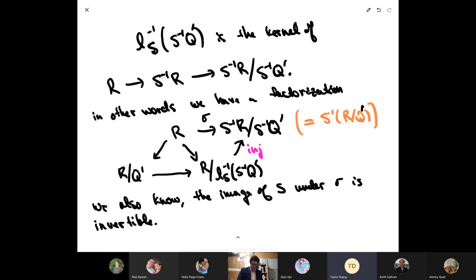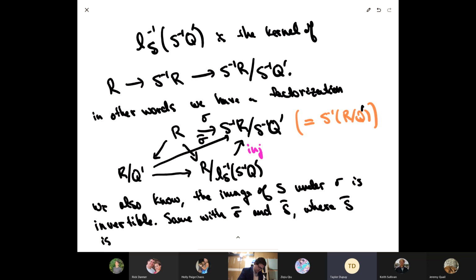Same with this map sigma bar and S bar, where S bar is the image of S in R mod Q prime.